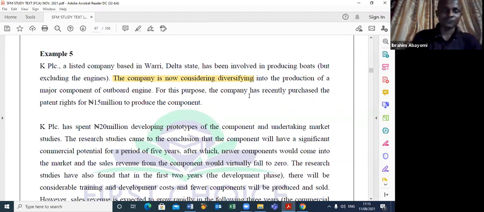Is it a relevant cash flow or an irrelevant cash flow? Look at it very well. Do I classify it as a relevant or as an irrelevant cash flow? I wait for your opinion on this, because you must be able to classify each of the cash flows in the question before you can successfully carry out project evaluation using the discounting technique. So how do I classify the patent rights of 15 million naira in this question? Are we there?